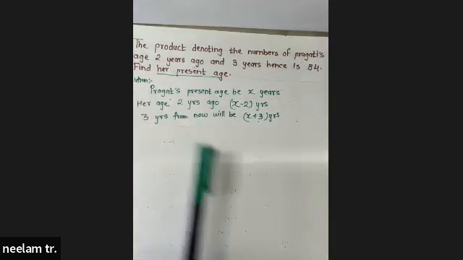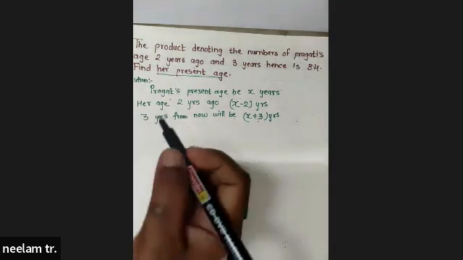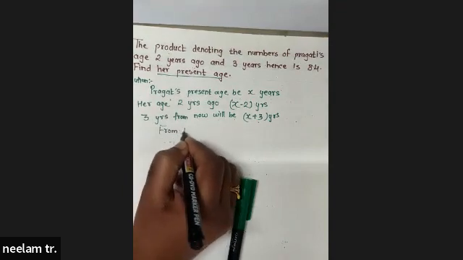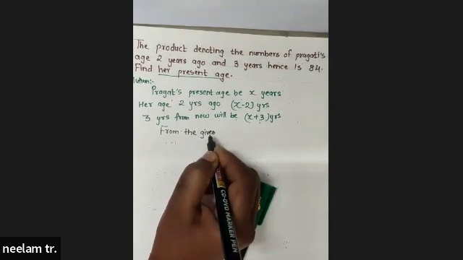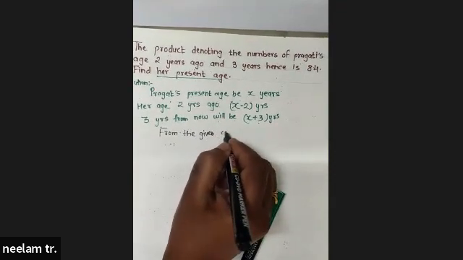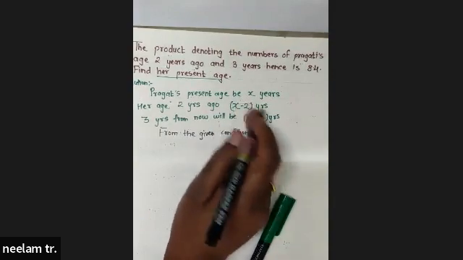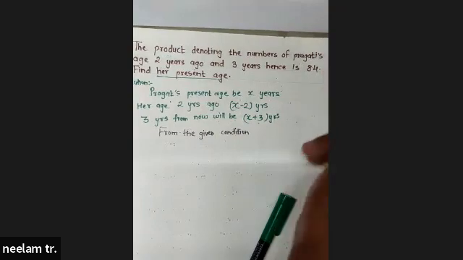So from the given condition, what will you conclude? These are two numbers, and the product of these numbers is 84.